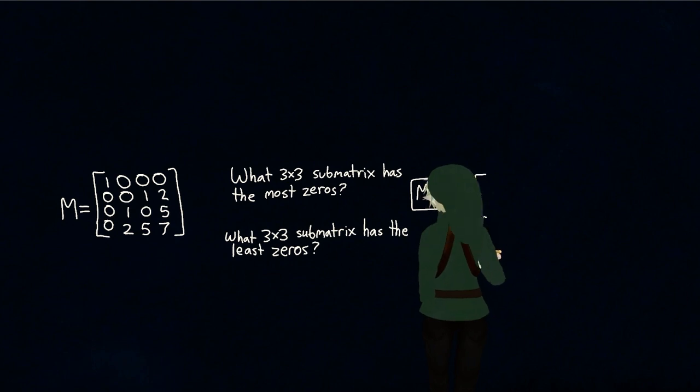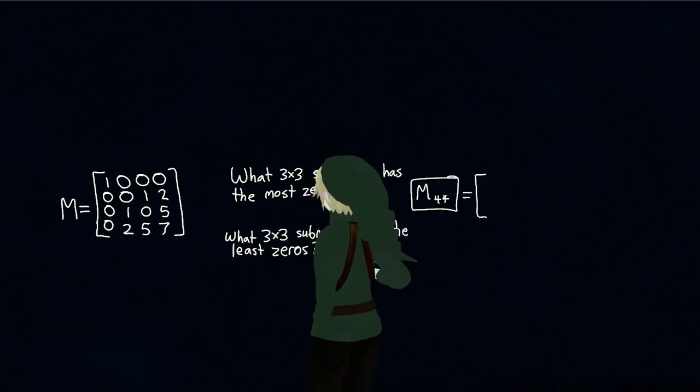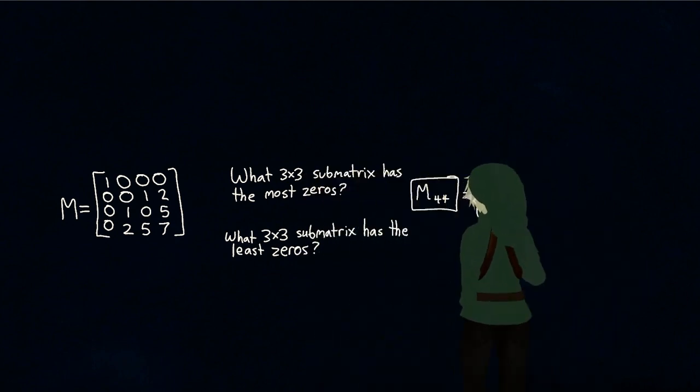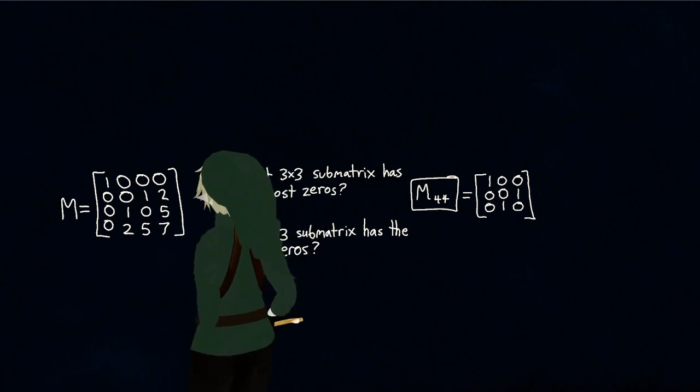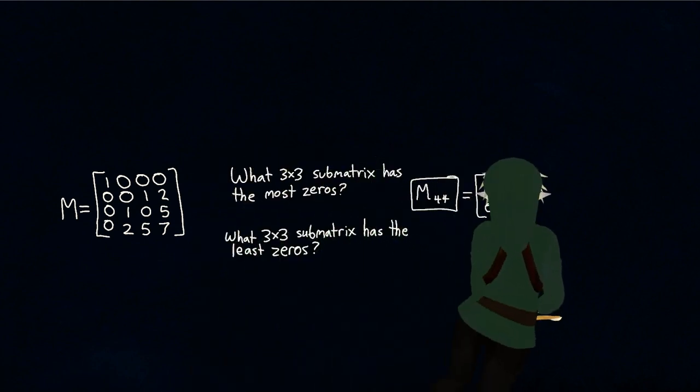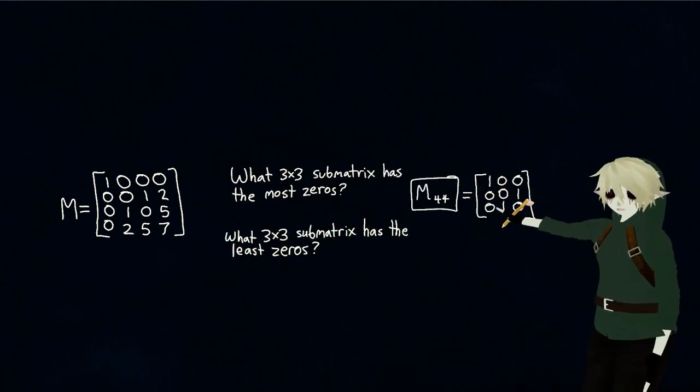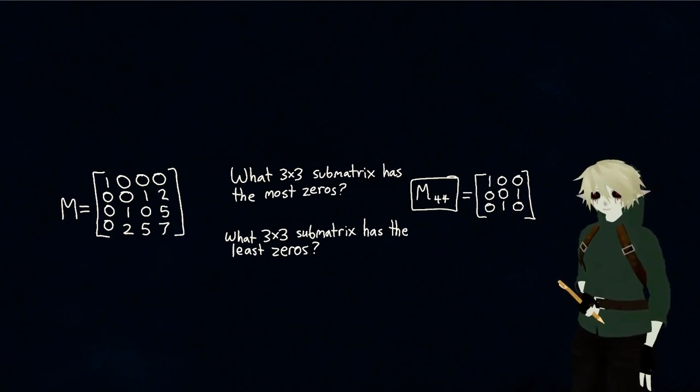This is our submatrix with the most zeros. In this case, it would be 1, 0, 0, 0, 0, 0, and then, oh, I lied, it has 6 zeros. Would you look at that? 6 zeros. That is a lot of zeros. So that's our submatrix for the most zeros.